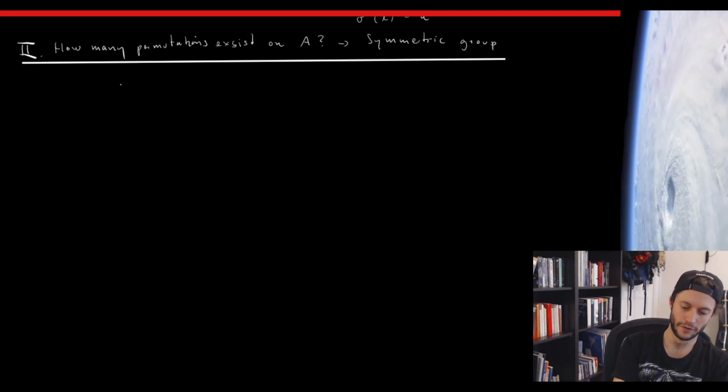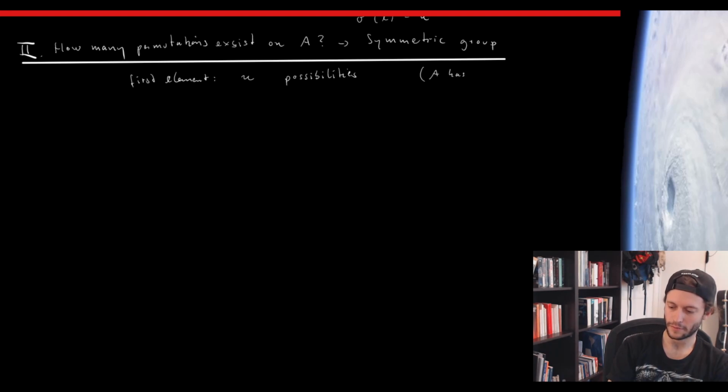Let's notice: the first element had n possibilities. Of course, I should say that A has n elements. The second one has n-1.